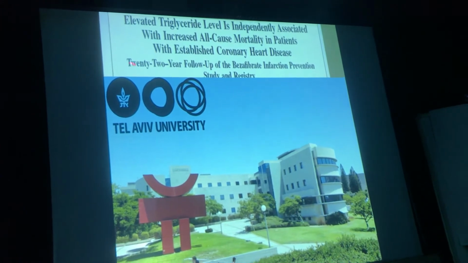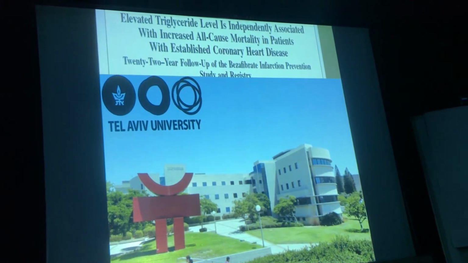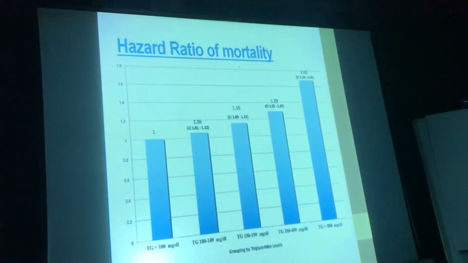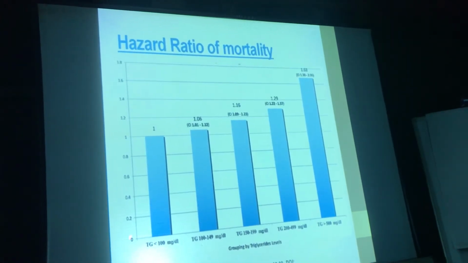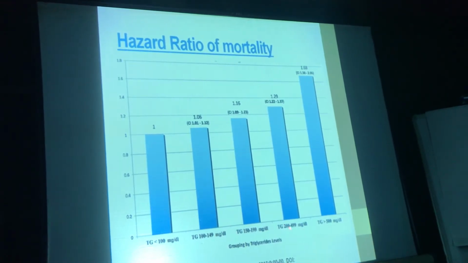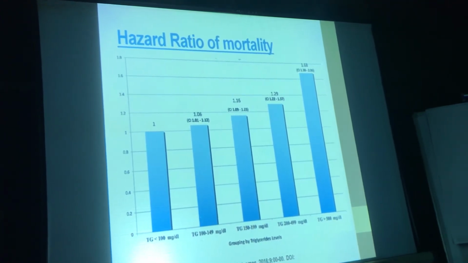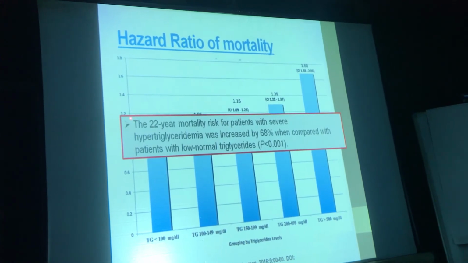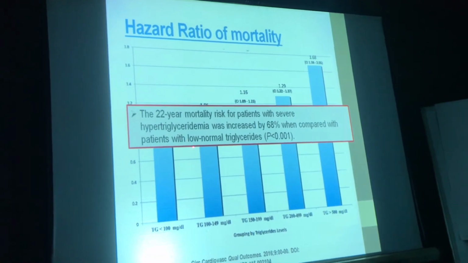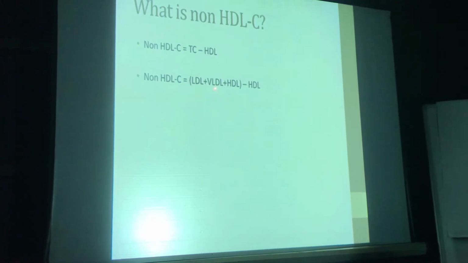When they started treating myocardial infarction patients with this medicine 22 years ago, they found that the hazard ratio went on increasing if the triglyceride level of these patients was more than 100, then 150, 200, 200 to 500 and more than 500. The risk of coronary artery disease went on increasing, and it is in this group that bezafibrate was quite effective. So the 22-year mortality risk of patients with severe hypertriglyceridemia was increased, due to LDL and VLDL.